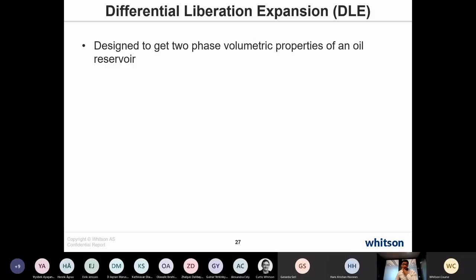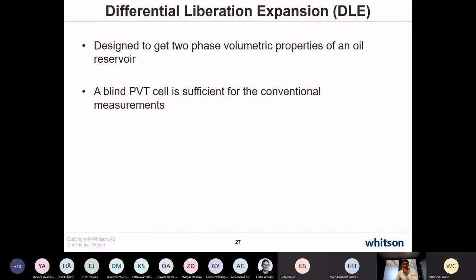The reason why the experiment is usually conducted is to get the two-phase volumetric properties of an oil reservoir, meaning that you want to know how the oil is shrinking below the bubble point, for example, and how much at each pressure, and also the oil densities when the oil is in two phases.